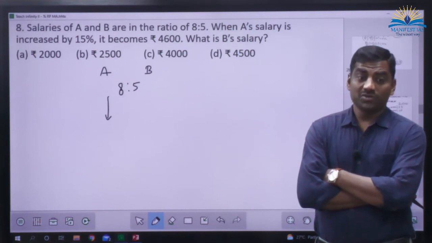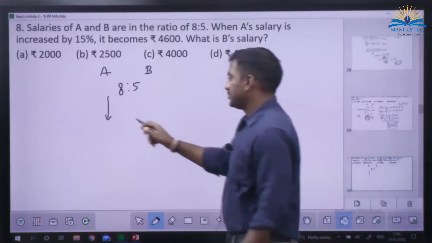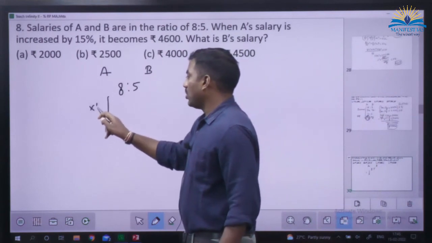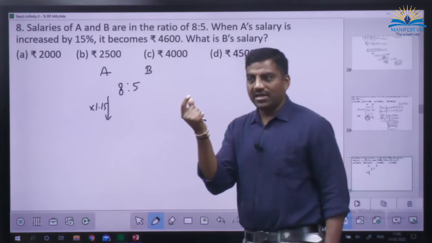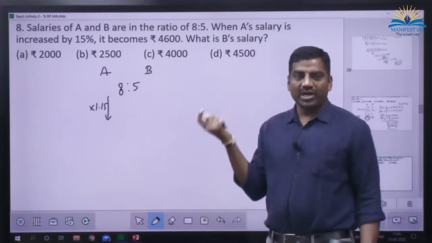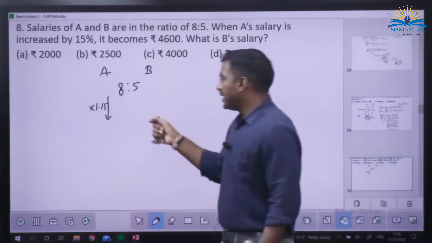1.5 is 1.5 times, no? 1.5 times means 50% more. Here it is 15% more. I have to multiply by 1.15. Whatever the percentage is, put that next to 1. So 1.15.